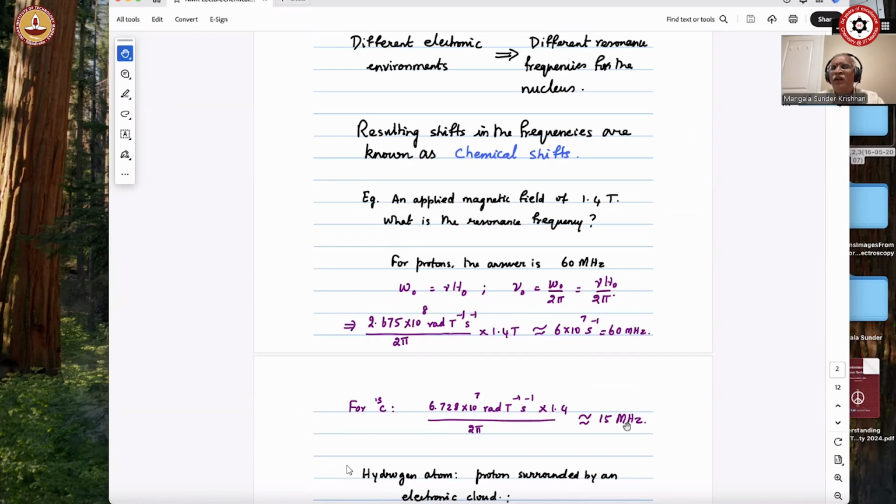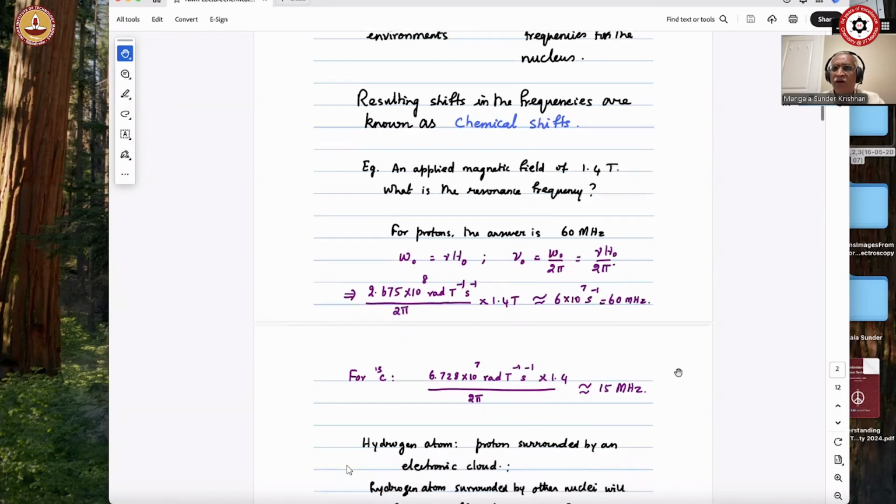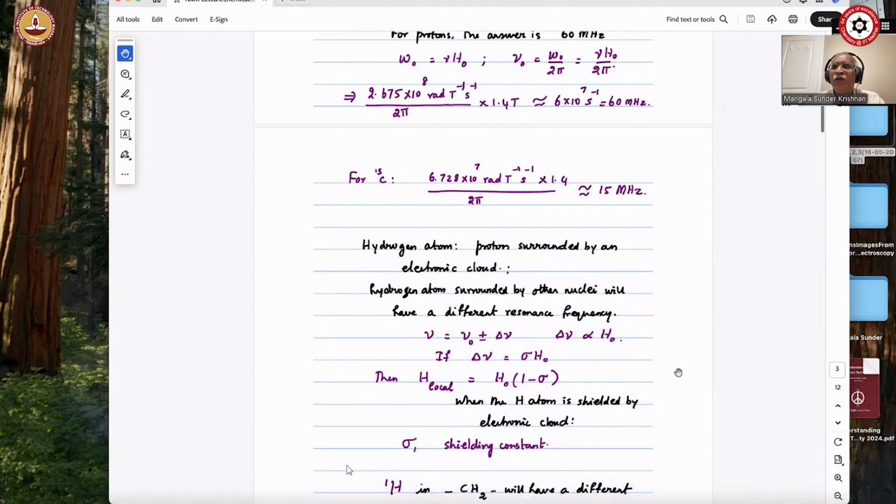Also, it is very difficult to have such high fields homogeneous without any variation, because the cylindrical NMR tube that you have, the field should not drift along the tube length. The field should be the same. So keeping homogeneous magnetic fields at very high magnetic fields is also a technology challenge. And today we use superconducting magnets. Superconducting magnets are among the most stable, and the price you pay for that is you need to keep the superconductor below 4 Kelvin, which means you need liquid helium.